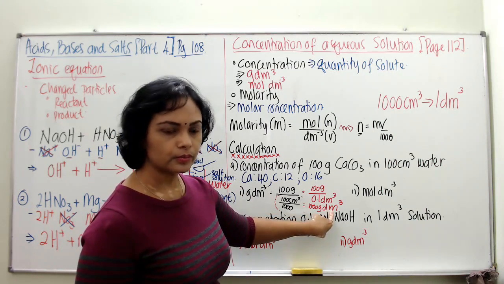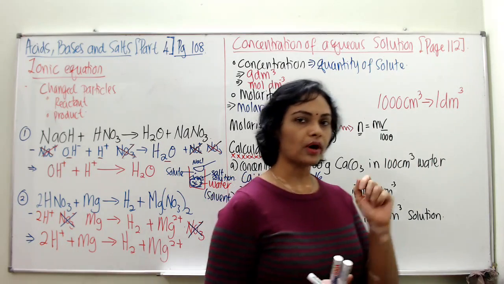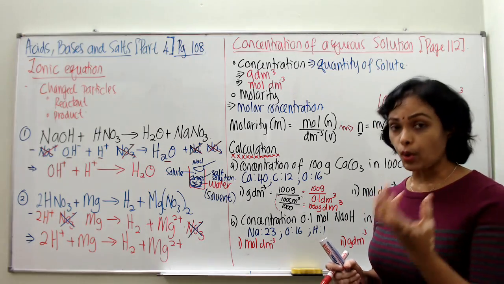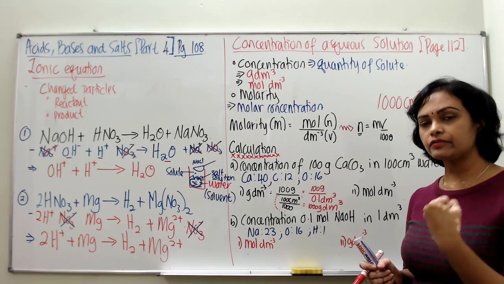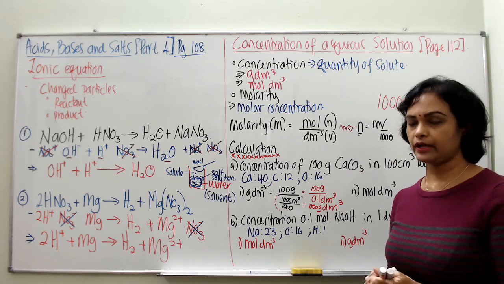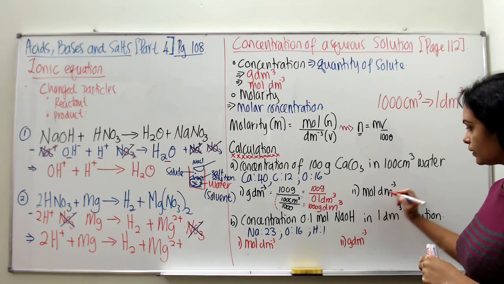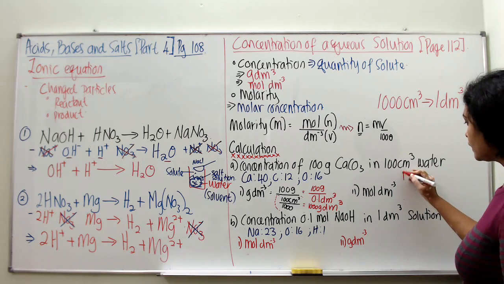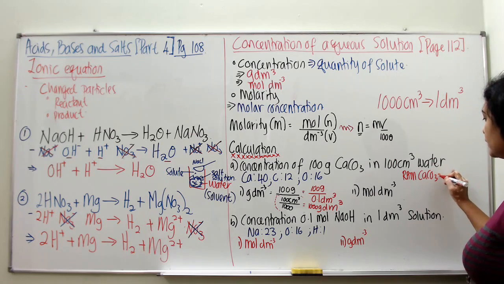Now let's go to mole. Since you know how to find mole, one of the ways to find mole uses molar mass. So molar mass is actually mass divided by the mole. The relative formula mass of calcium carbonate is 100.